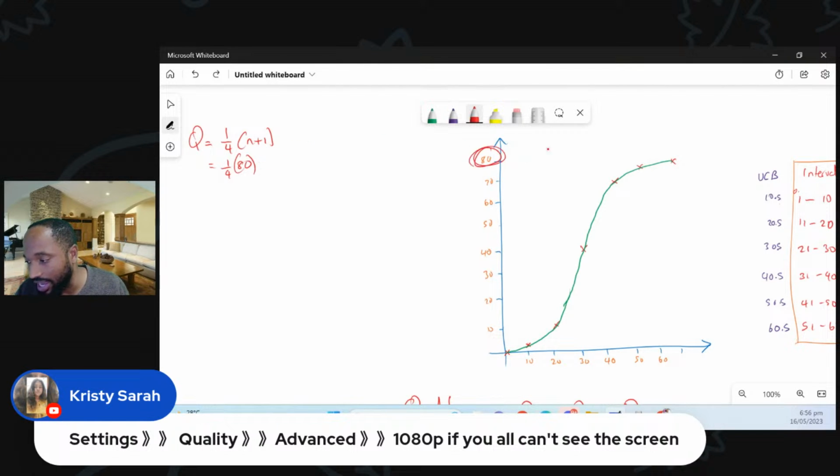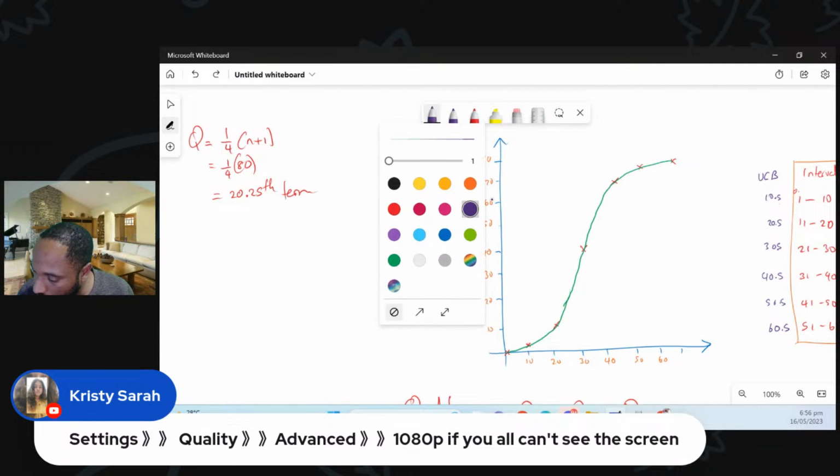N is the number of items we had, right? The total highest cumulative frequency. So this is 20.25. So it's found on the 20.25th term, just a little above 20. Let's use orange.